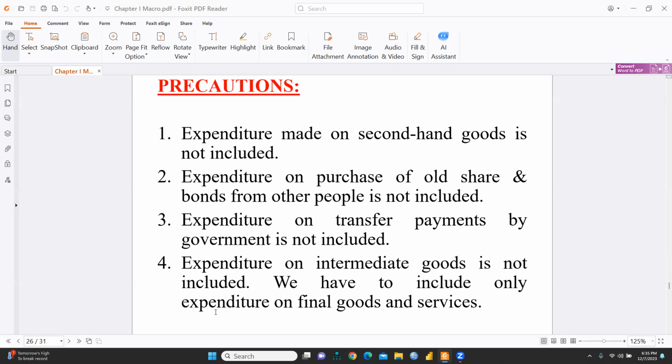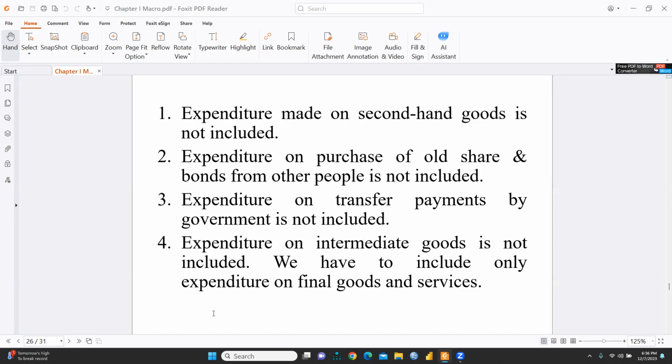So expenditure on transfer payments by government is not included. Expenditure on intermediate goods is not included. We have to include only expenditure on final goods and services, because the cost of these intermediate goods is already included in the final goods and services. That is why we do not include intermediate goods cost individually in the national income.